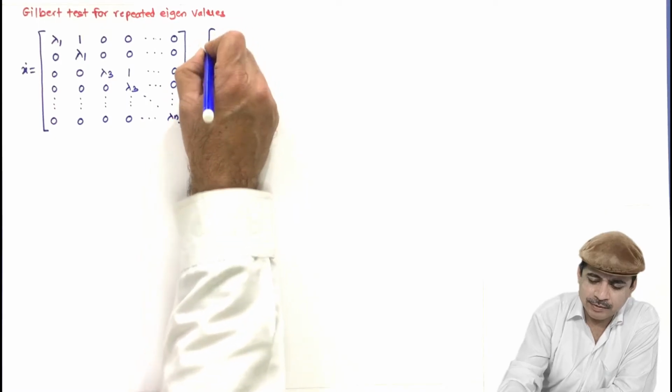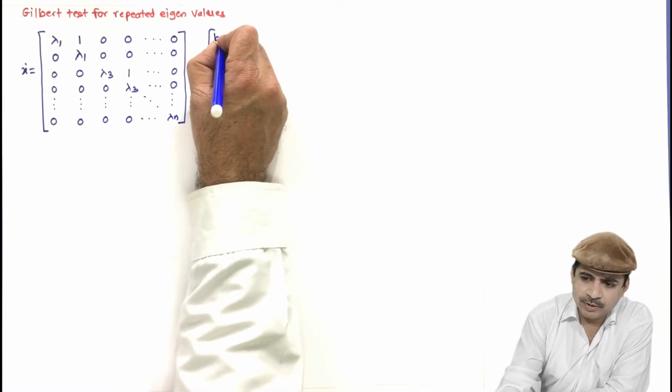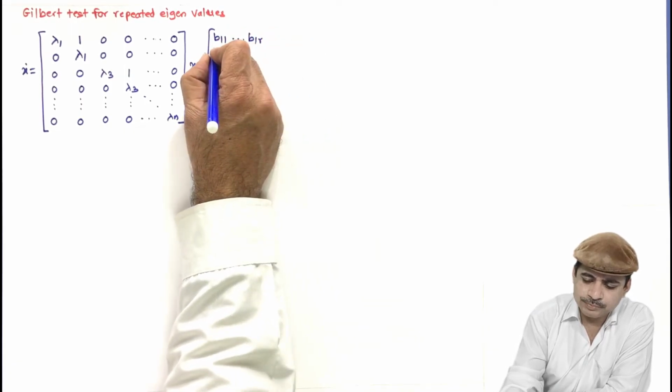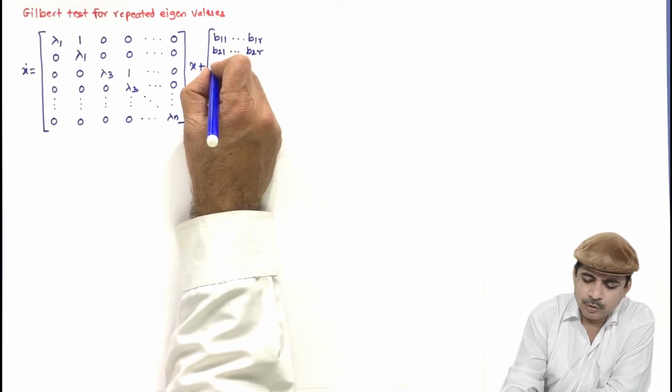X plus, again I will reconsider the case of multiple input, multiple output. So let the system has R inputs, so B matrix will be of this form.